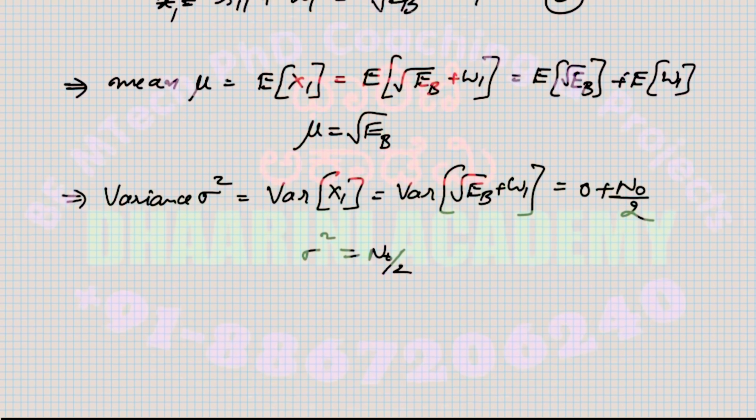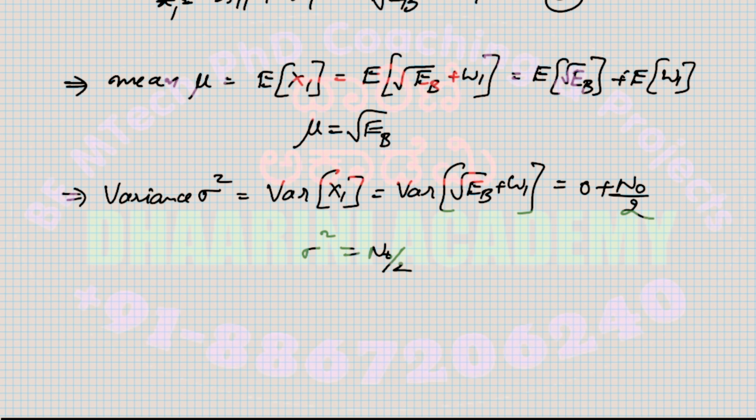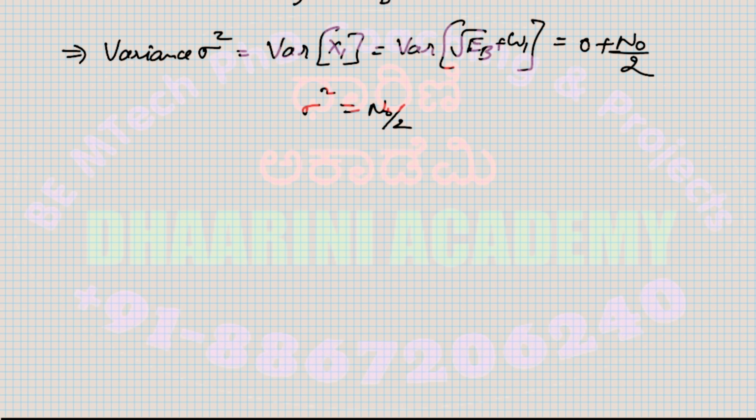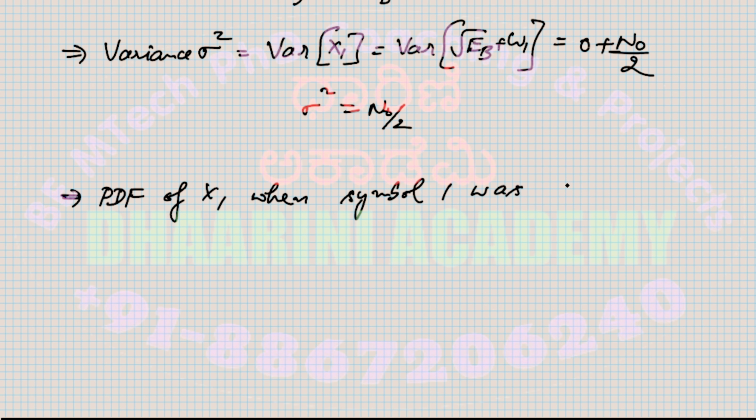So we got all the values we needed. We need to substitute in the PDF. So this implies the PDF which we are going to write of the x1 when the symbol 1 was sent. What's the notation? If you remember, this is f of x1 of x1, after this slash, you write 1.